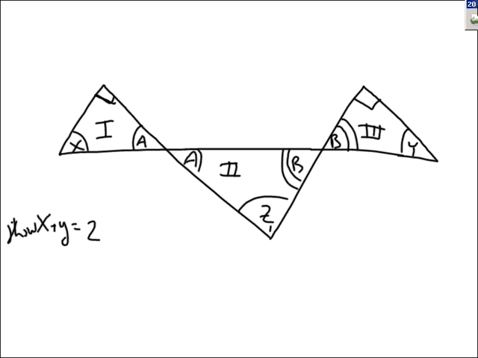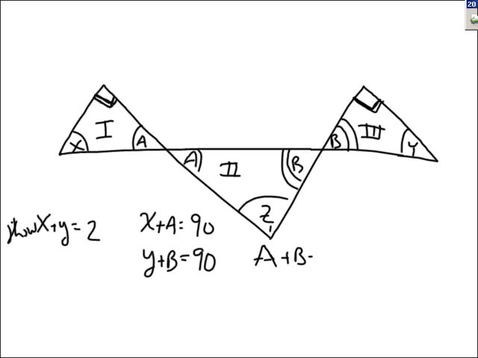Since one angle in triangle 1 is 90, then the other two angles must add up to the other 90. Let's go on to triangle 3. Since we have a right angle, then the other two angles, y plus b, must add up to 90. Okay. Now, in triangle number 2, we know that a plus b plus z is 180.